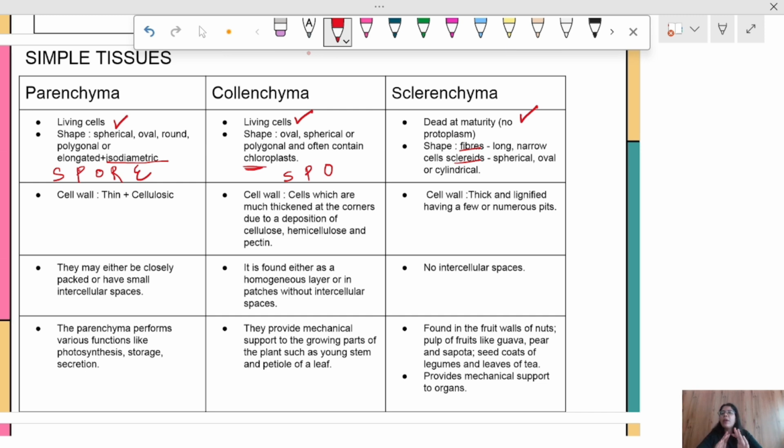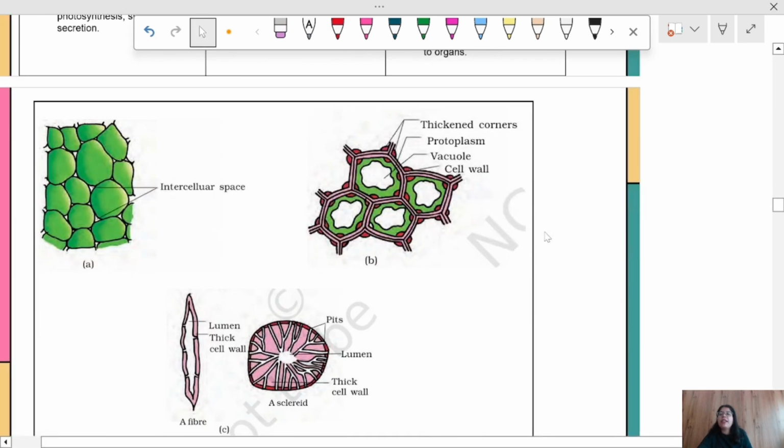Now let's talk about their cell wall. The cell wall is very thin and basically made up of cellulose in the case of parenchymatous cells. But in collenchymatous cells, you have to remember that cells have much thickening in the cell walls at the corners due to heavy deposition of cellulose, hemicellulose and pectin, in which pectin is highest, right? I'll try to show you the figure given in NCERT.